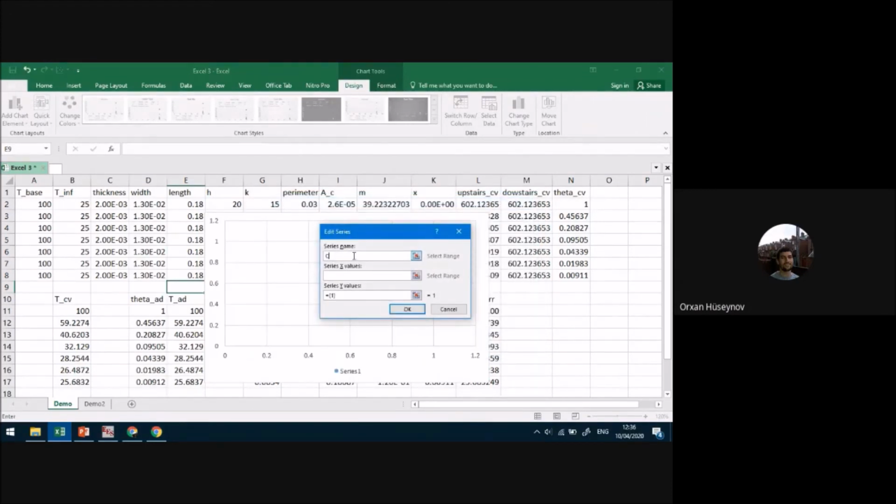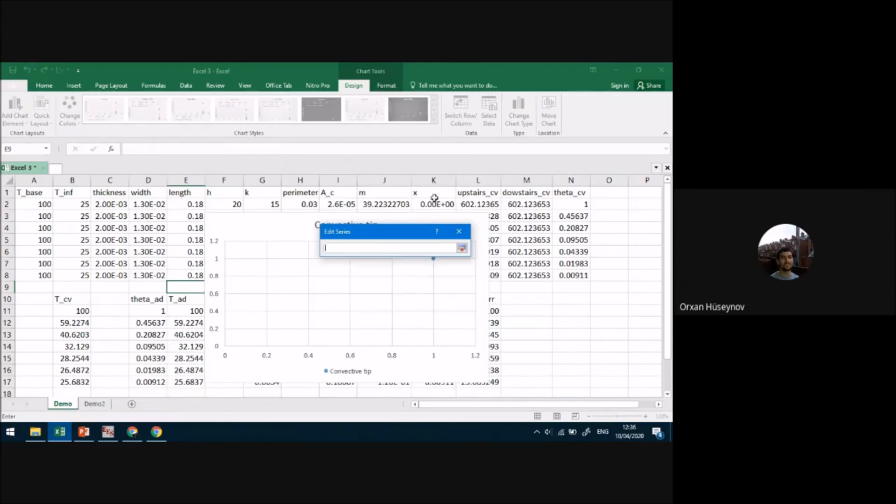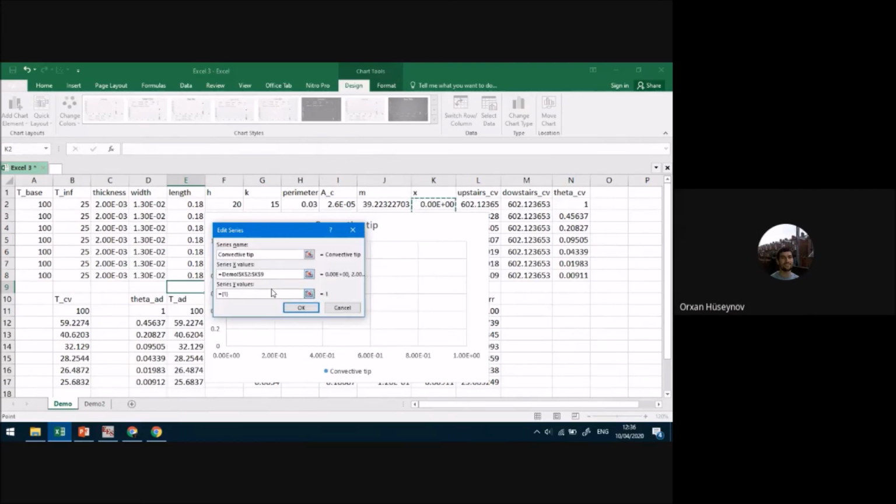This one is the convective tip. The x values are these, till 8, and the y values are the temperature values here.